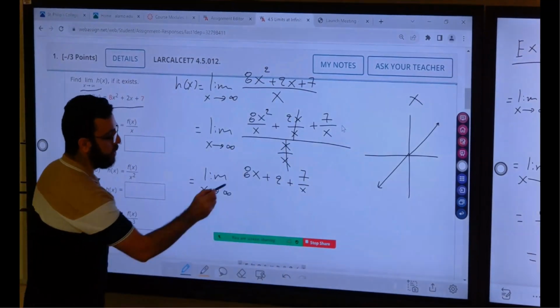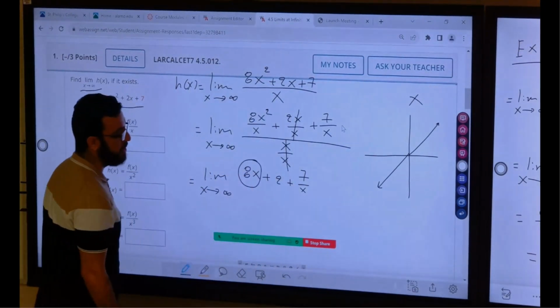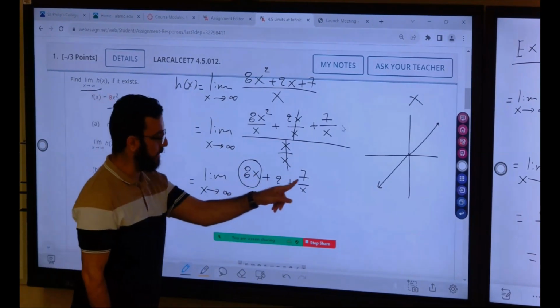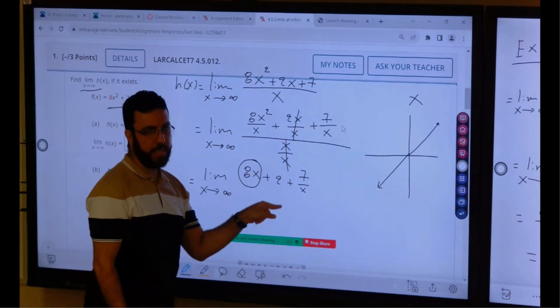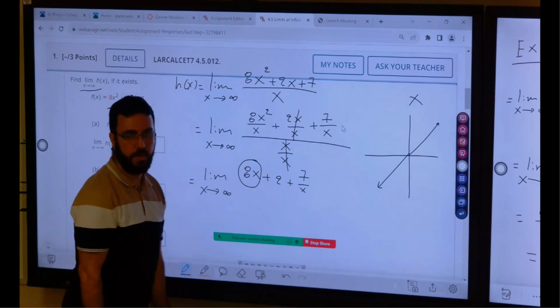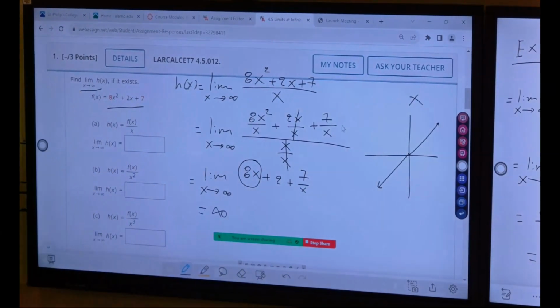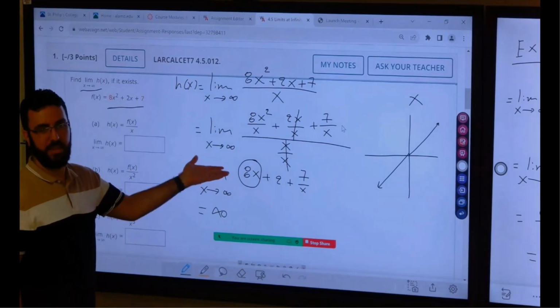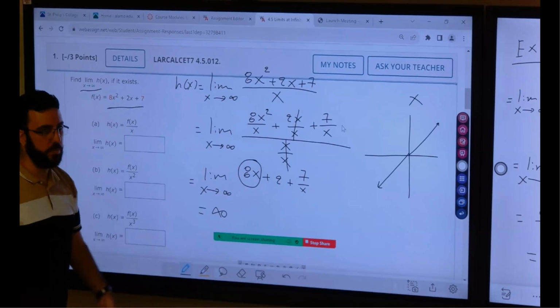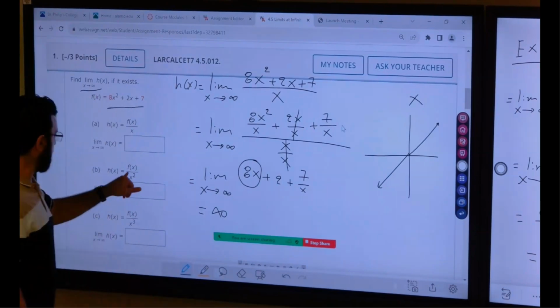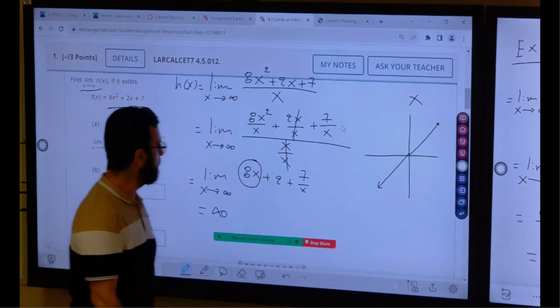Positive infinity. So here's the important thing: this goes to positive infinity, this is 0, positive infinity. If you add 2, it's still positive infinity. So that means the limit goes where? To infinity. You got it? Almost the whole thing is just analyzing what you're going to do. You do the same thing with the next one.